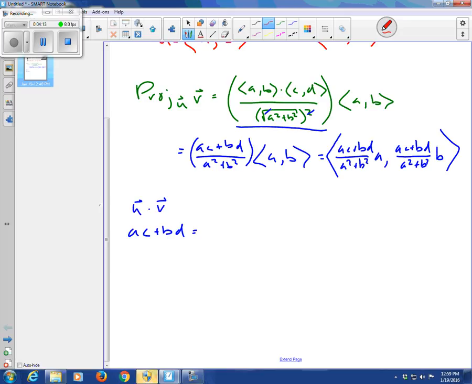The magnitude of u is going to be the horizontal component of a squared plus the vertical component of b squared, square rooted, and now times the magnitude of our projection of v onto u.